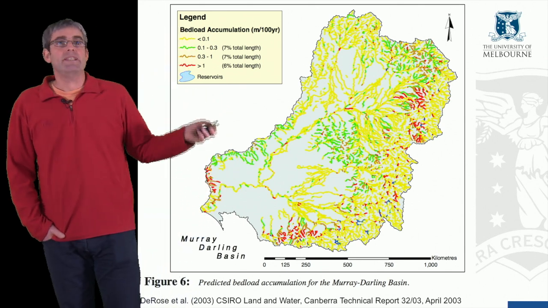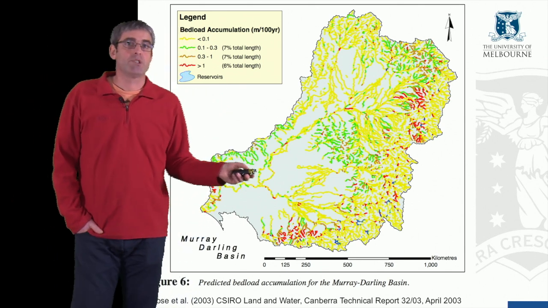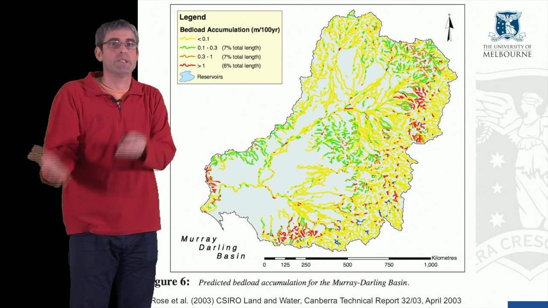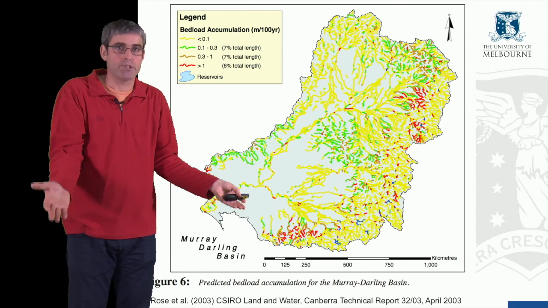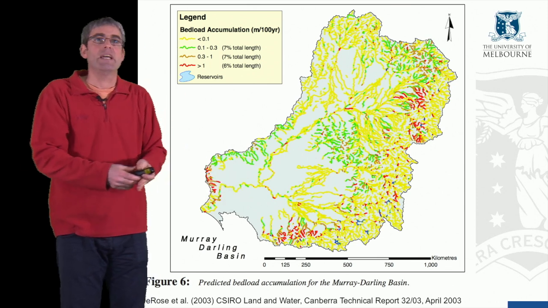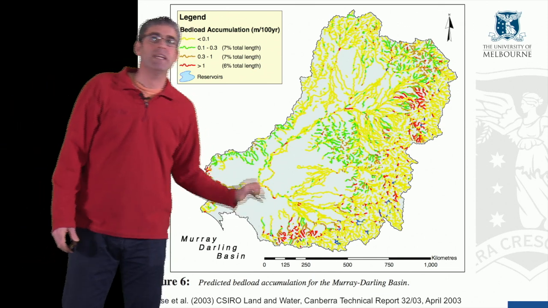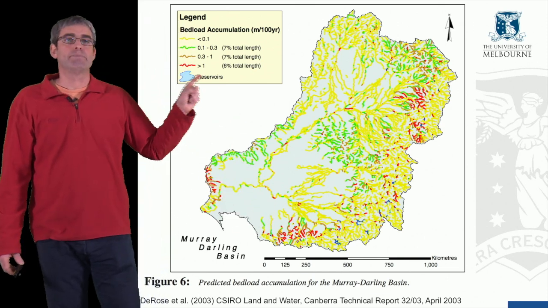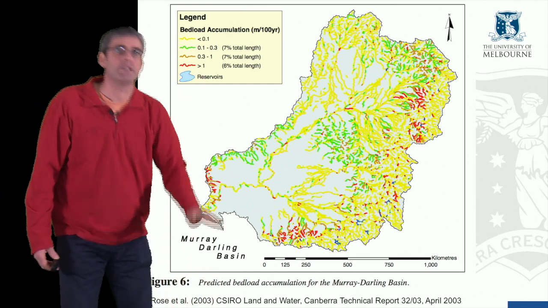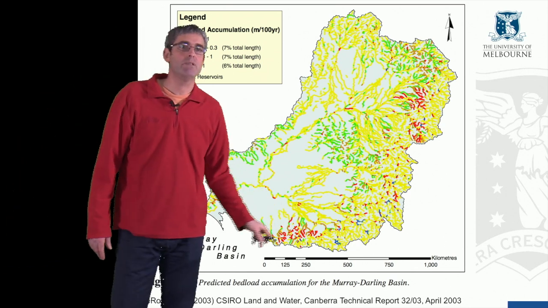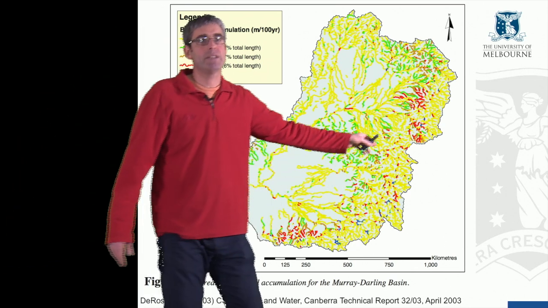What this shows is the bed load deposition. So where the supply of sediment to a site exceeds its transport capacity, the sediment's deposited on the bed of the river within the model, and this shows the amount of sediments deposited. Where it's red, the deposition rate is 1 metre per 100 years, so the bed of the river would increase by 1 metre over a 100-year period. And we can see all these rivers along the base of the Great Dividing Range.